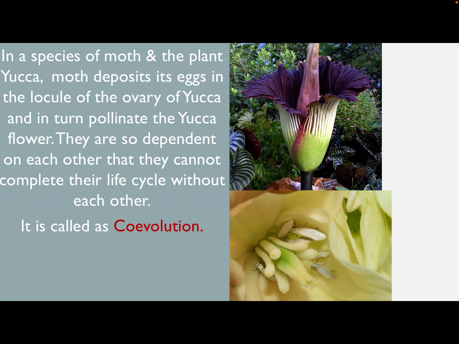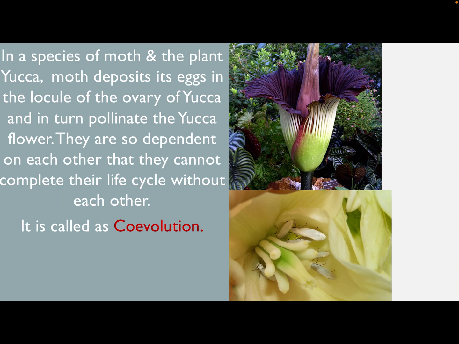But what does the moth get in return? The moth lays its eggs inside the ovary, and when the seed is formed and grows, the larvae grow inside that seed, and then they come outside from the seed and develop as moths.